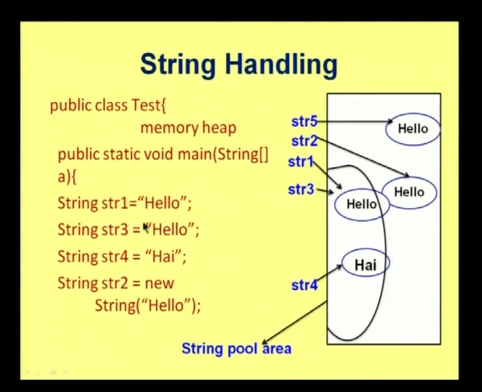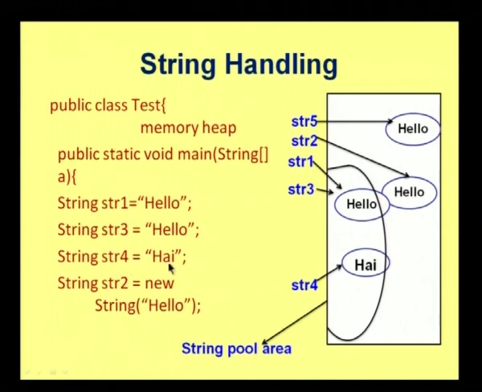Whenever memory is allocated to the value hello, it's given the variable name str1. Again, if the same value is there and memory needs to be allocated, in that case the memory will not be allocated and the variable is going to point to the same value, the same memory that has been allocated. So str1 and str3 are pointing to the same value.